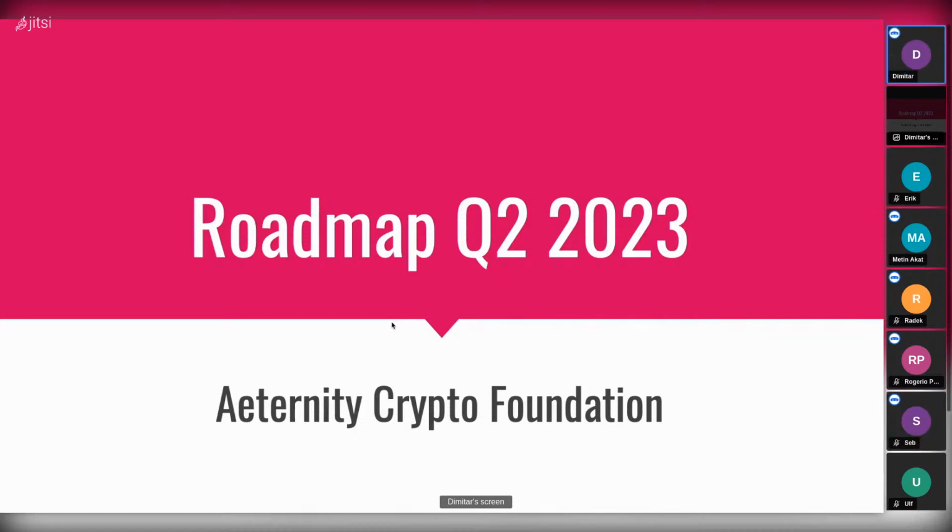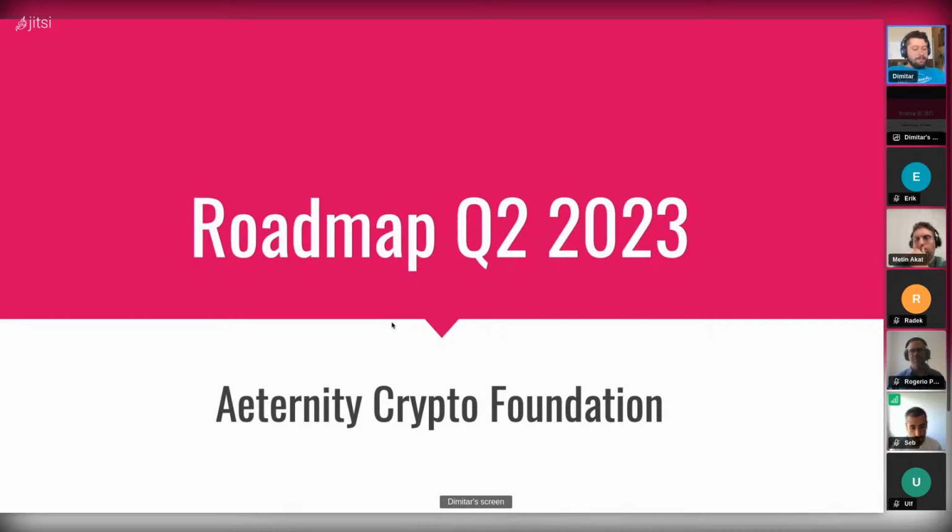So, hello. This is our roadmap announcement for the second quarter. This time it will be a bit different because the Aeternity Crypto Foundation has more and more developers joining us.